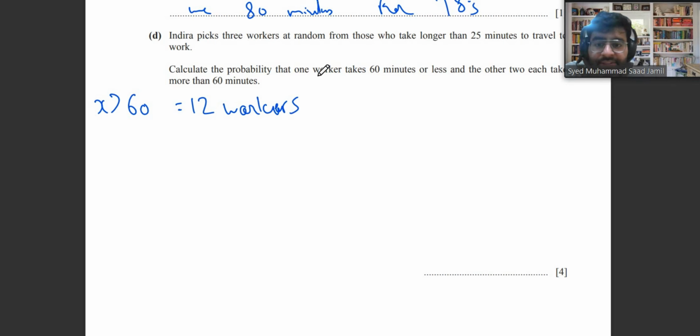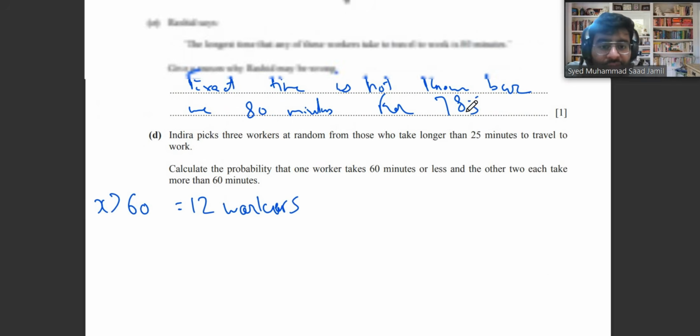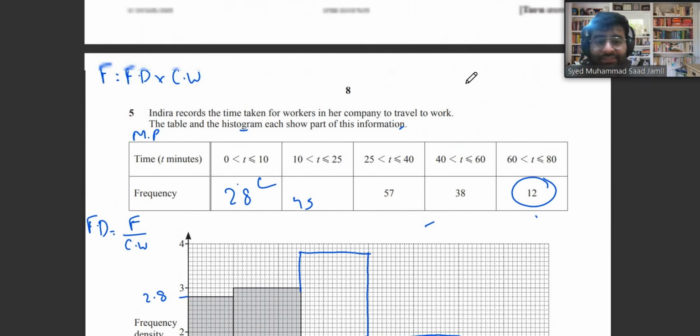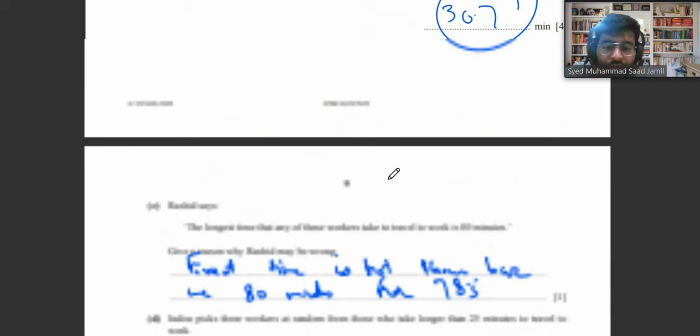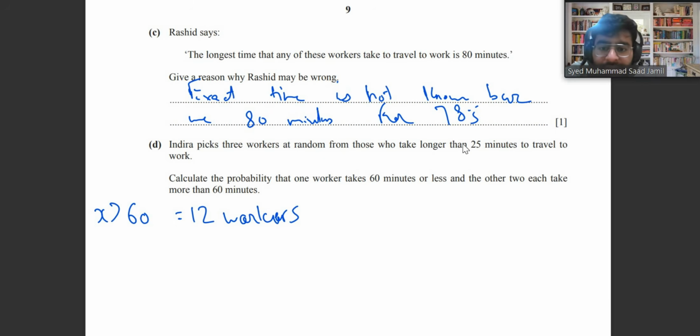Next, the question says that one worker takes 60 minutes or less than 60 minutes. How many workers take 60 minutes or less? So we will add these numbers, 38 and 57 only. Why? Because if you read the question, it says Indra picks 3 workers at random from those who take longer than 25 minutes.